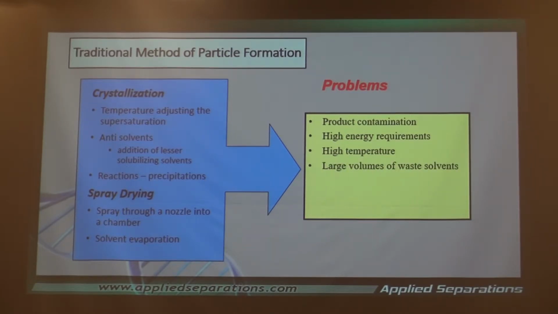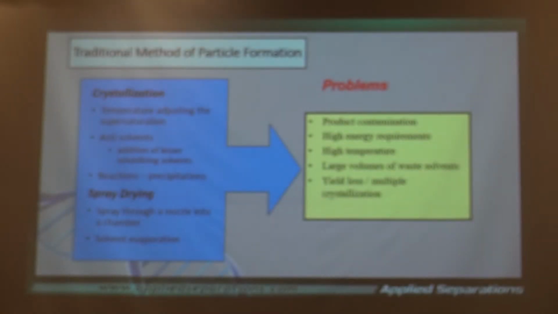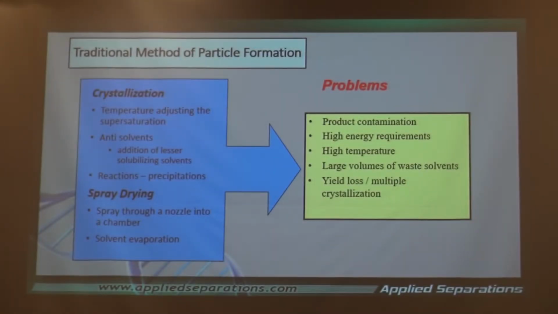Usually, large amounts of solvents are needed also. So all of these together will reduce the yield that you have many times. And then many times the particles are not uniform. They're either too large or too small. The distribution can be very varied.